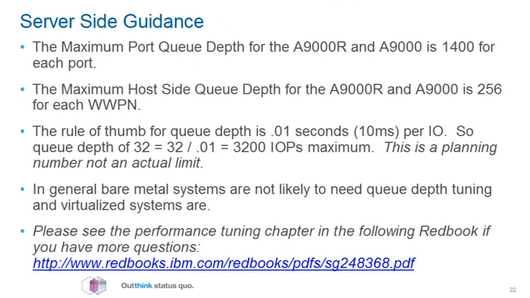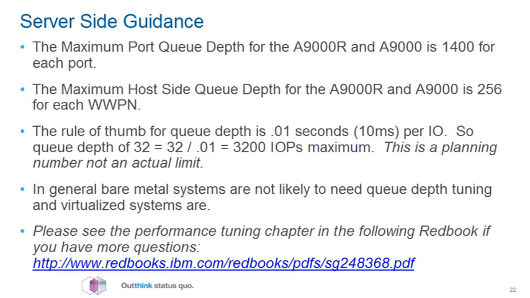It's always better to be conservative when you do planning, and 10's a nice number. Right, makes it very simple. So here we show how this works with a sample queue depth of 32. If I take 32 and divide it by 0.01 seconds, that gives me my maximum of 3,200 IOPs. Right? That's a very easy way for you to plan queue depth from the server side.